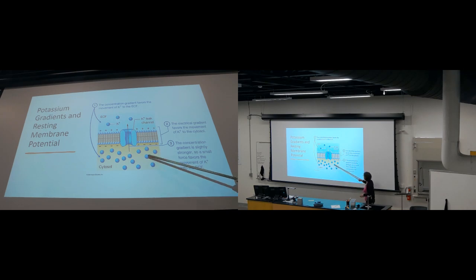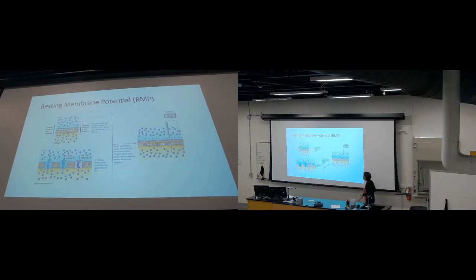So the concentration gradient is slightly stronger, so a small force favors the movement of potassium into the extracellular fluid, and the electrical gradient favors the potassium moving into the cytosol. So that's an electrochemical gradient.